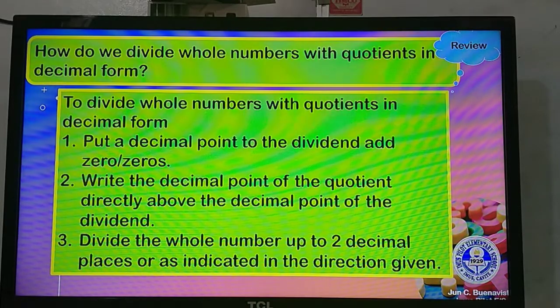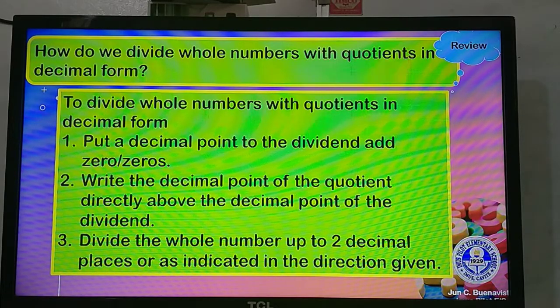Write the decimal point of the quotient directly above the decimal point of the dividend. Divide up to 2 decimal places or as indicated in the direction given. If you divide and there is no remainder, you are not going to add another 0. So that is our lesson for last week.